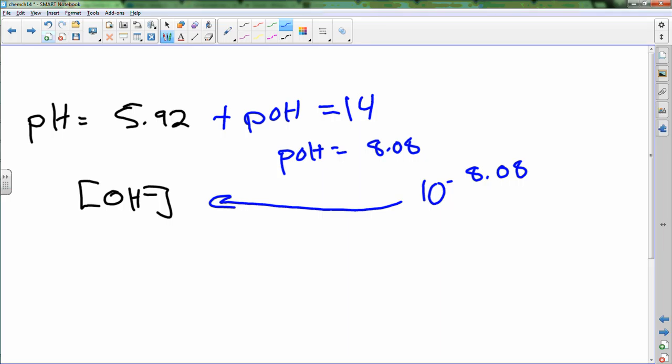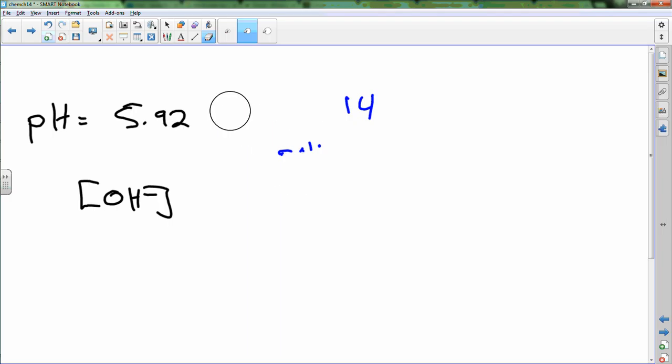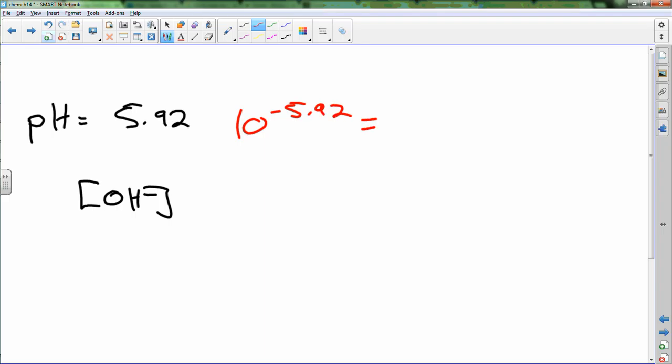The other way to do it is to start with the logarithm right here and take 10 to the negative 5.92, which gives me 1.20 e to the negative 6th. I know this is my concentration of H plus ions, my hydronium.